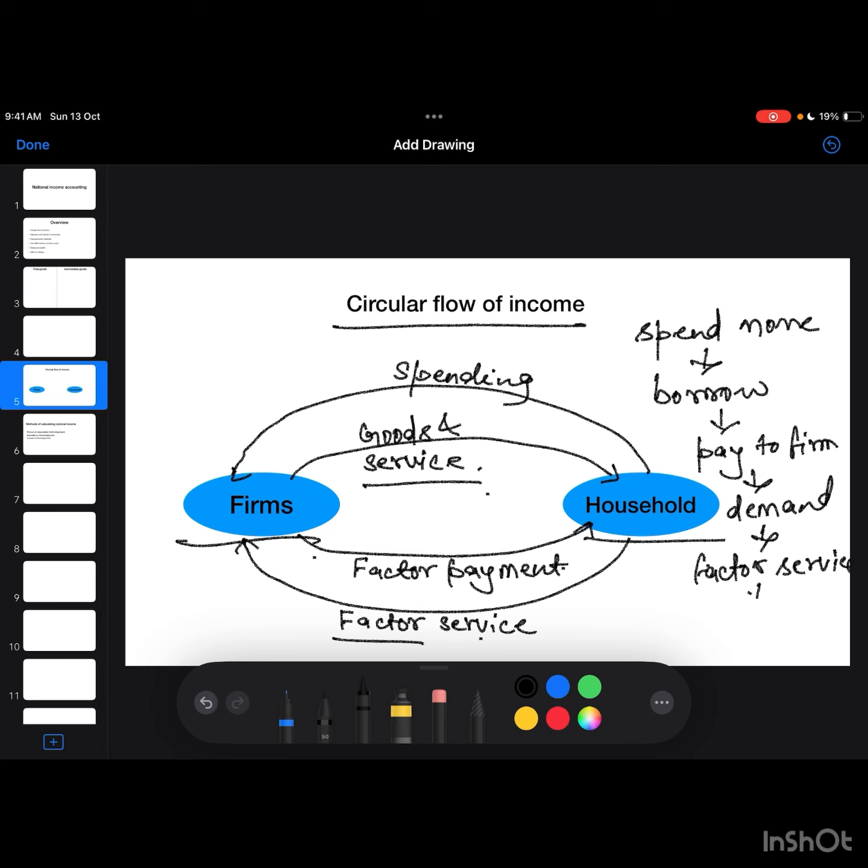For more factor services their income will also increase. So in this way, if a person will spend more on the goods, then there will be a rise in income in the circular flow of income. But for that they have to borrow from someone else. There will be a leakage. And in this circular flow of two sector economy, we are not considering government or any kind of leakage.